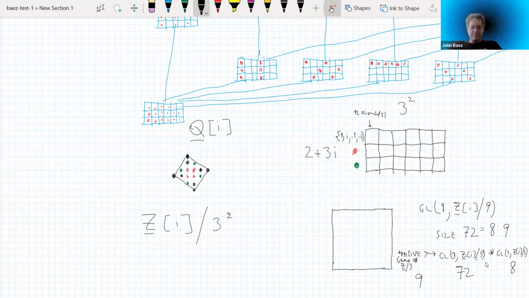Okay. So we're expecting this index 6 subgroup. An index 6 subgroup in this 72 element group is going to have 12 elements. Let me see if I can write down what the 12 elements are. I think I have them written down here somewhere.